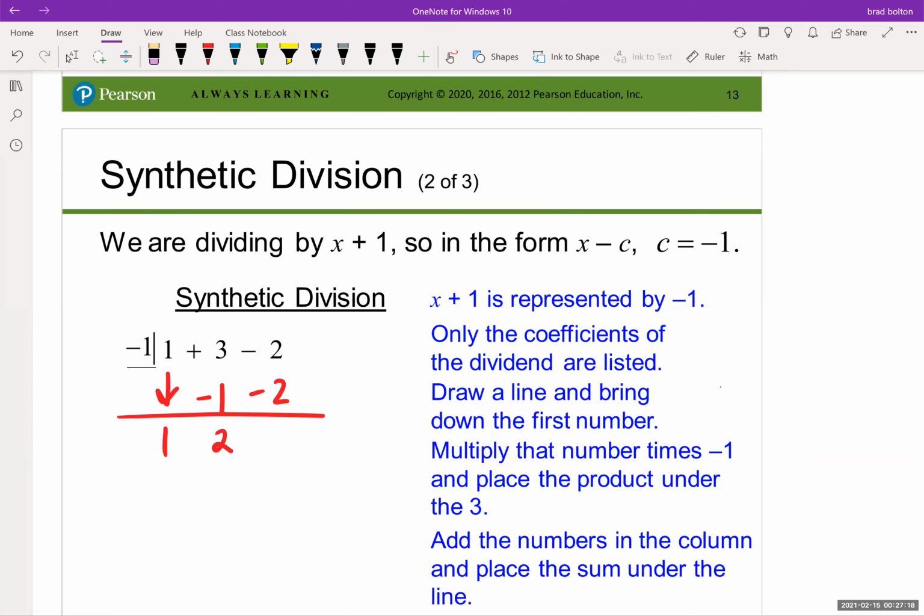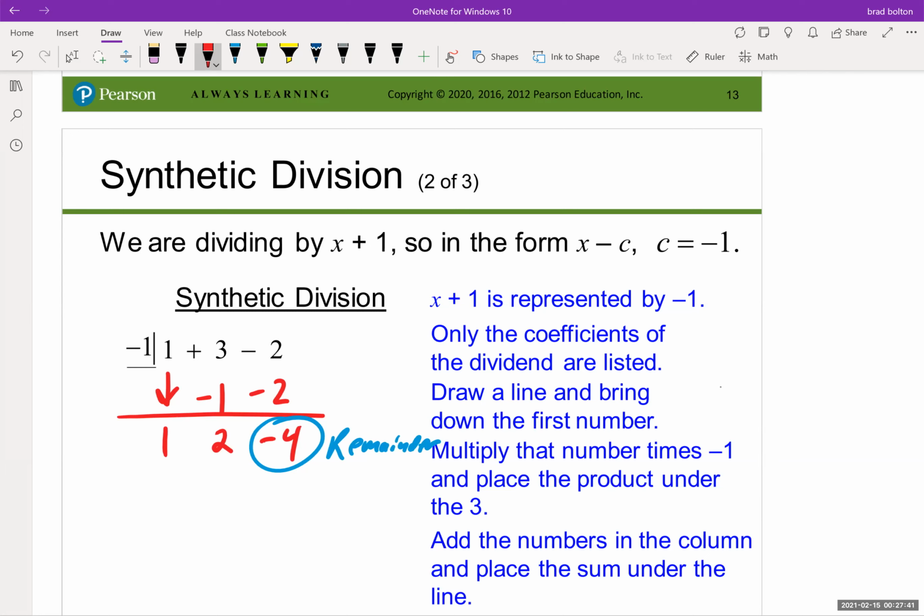Let me double check something real quick. Okay, so now we get -4. What this means is we're now done. The final term is my remainder.